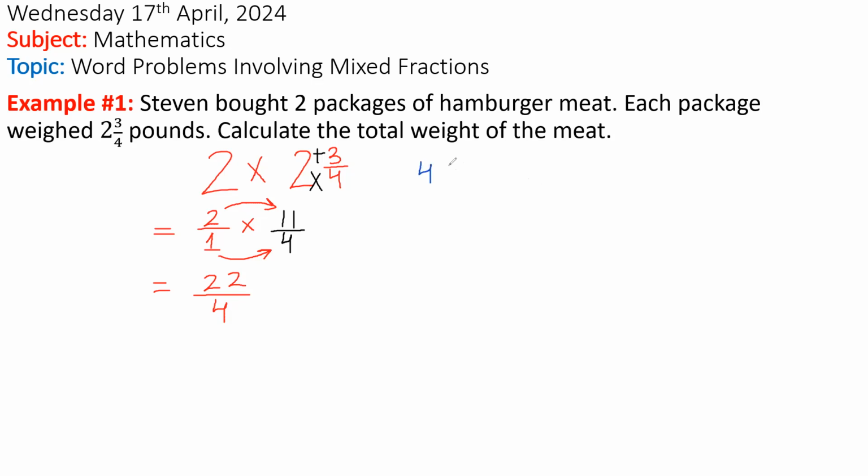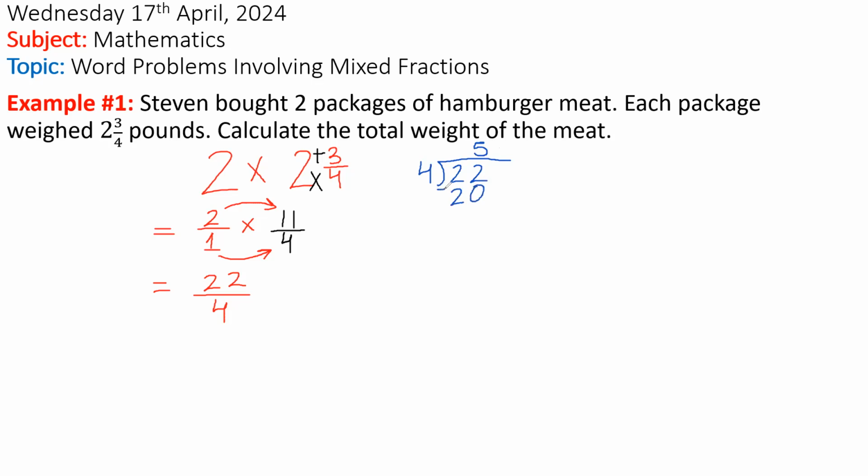So we're going to say 4 into 22. How many times does 4 go into 22? 5 times. So 4 times 5 is what? 20.